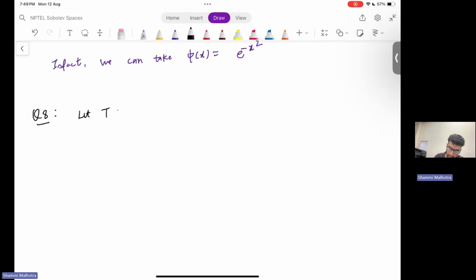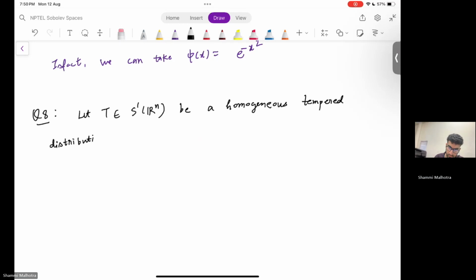Let T belong to the tempered distributions, be a homogeneous tempered distribution of degree d belonging to R. So what do we mean by that?